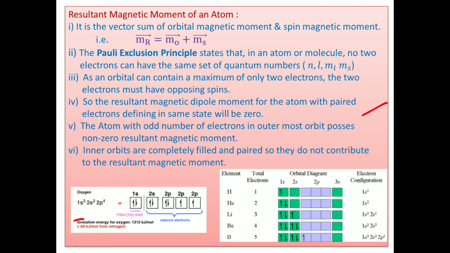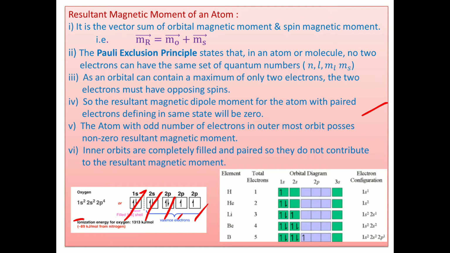In the 1s orbit, one is clockwise and the other anti-clockwise, so they cancel each other. Here again in 2s, clockwise and anti-clockwise cancel out. In 2p, three groups are there, and only 4 electrons are there. Out of 4, one group gets a pair, meaning 2 are there, but the other two remain unpaired.